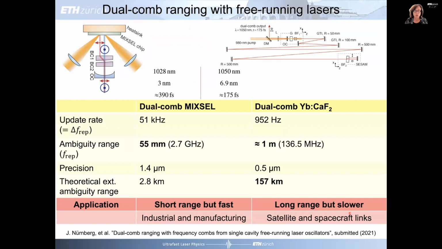Then we also used the mixel for LiDAR application. Here we compare both a dual comb mixel, which is an optically pumped semiconductor, and a dual comb solid state laser at a lower repetition rate, 136 megahertz, versus the mixel at 2.7 gigahertz.